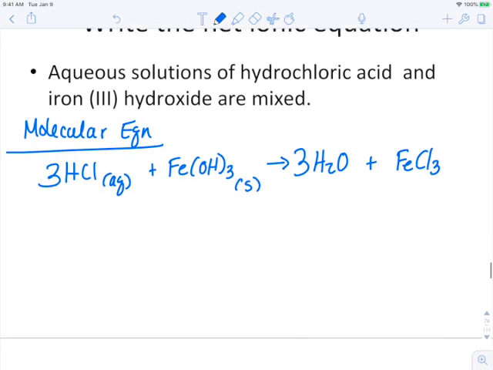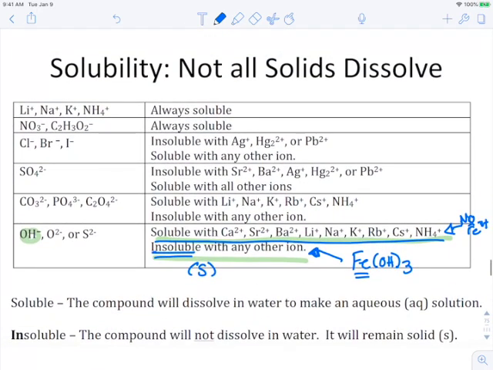Any questions on anything we've done so far? Okay, so we agreed that water is a liquid, and we know that that funky little fish is my version of an L. All right, so next up we go to our iron chloride. And here's our chloride, and it says it would be insoluble if it had silver, mercury, or lead, but it would be soluble with any other ion.